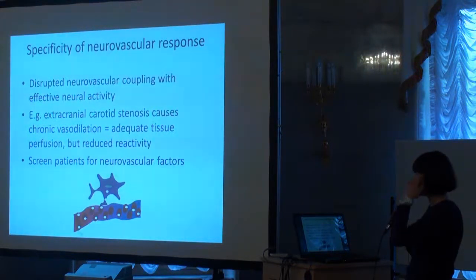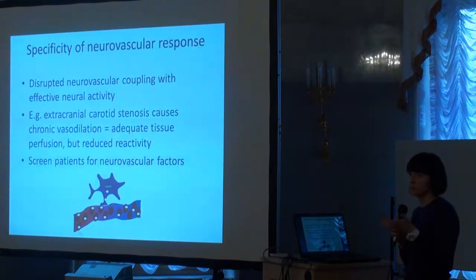It occurs, for example, in the disease called extracranial carotid stenosis, when the carotid artery is too narrow due to, for example, blood clots, and of course the brain needs its nutrition. This is why the vessels in the brain are more dilated all the time than in a control participant. So there is an increased blood flow in the brain because of dilated vessels, compared to the normal state.